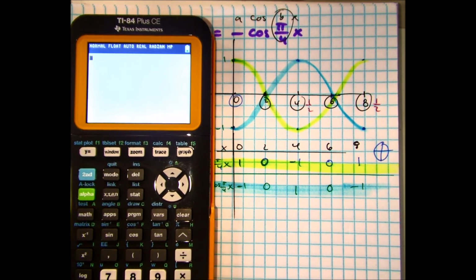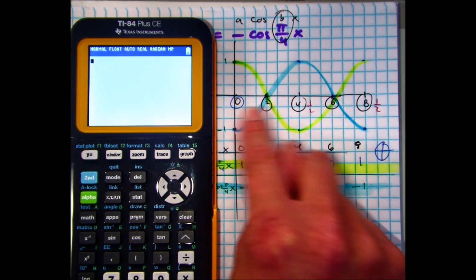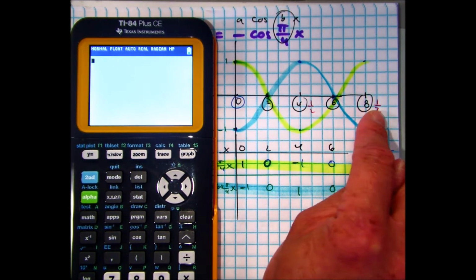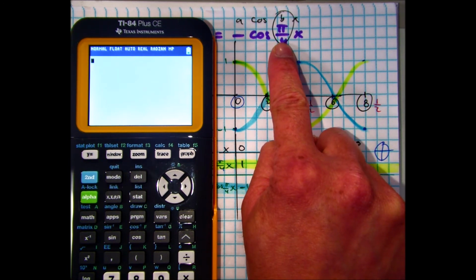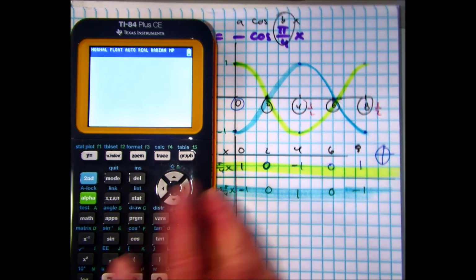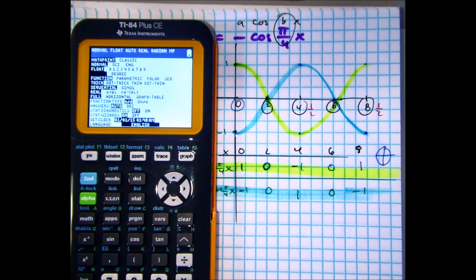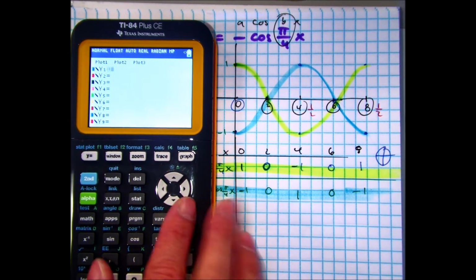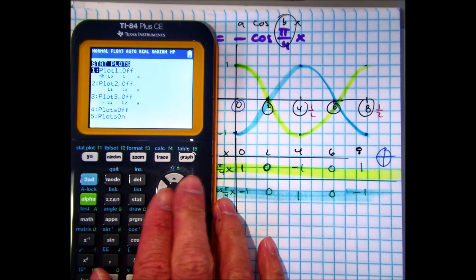I have a calculator here. Class, are these in degrees or radians? I have radians, so I'm going to put my calculator into radian mode. Common mistakes students make on their calculators: if you have stat plots, second y equals, make sure your stat plots are all off.